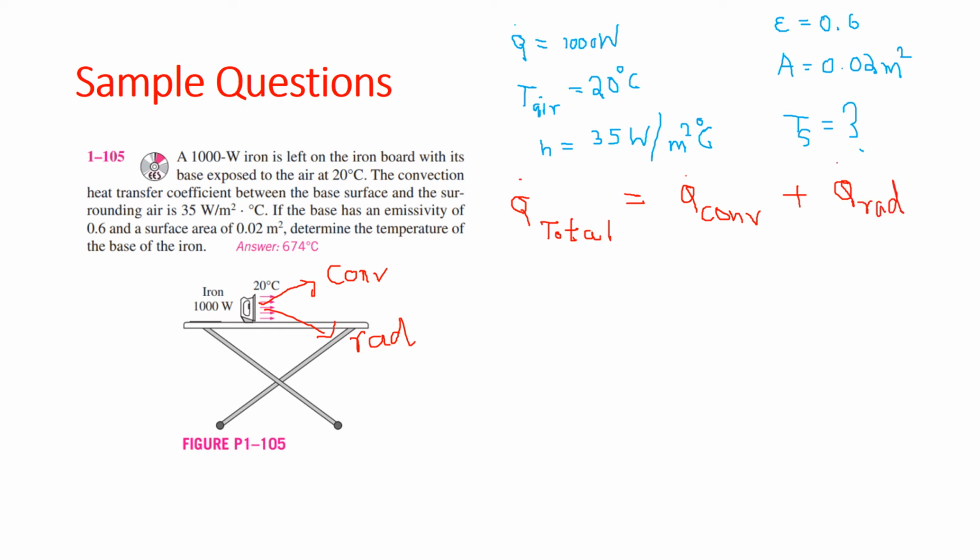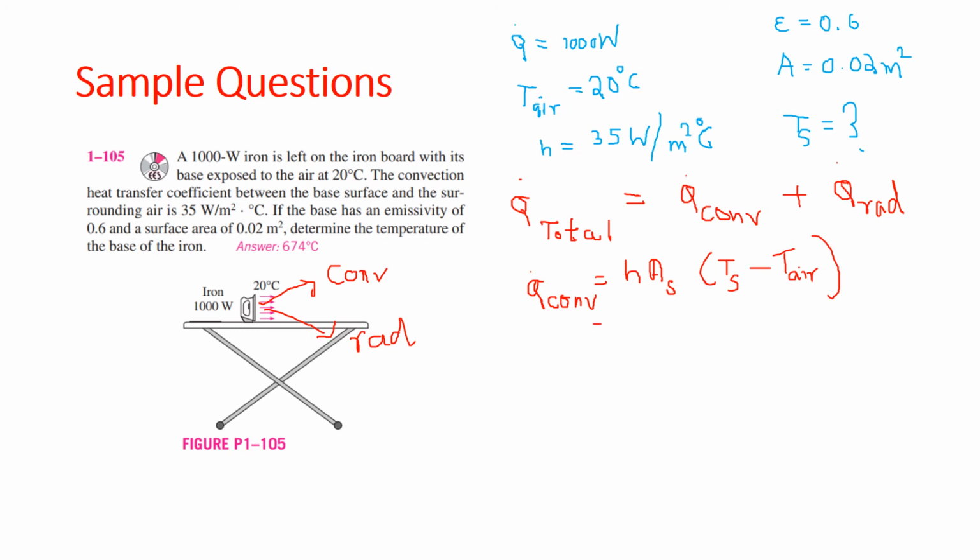The heat transfer due to convection, as per Newton's law of cooling, is Q dot convection equals h, the heat transfer coefficient, times surface area A, times Ts minus T infinity, the surrounding air, or we can say T air.